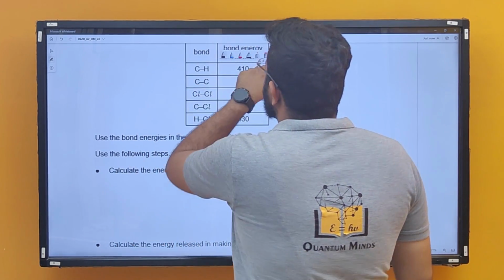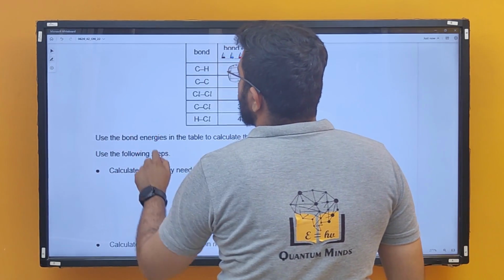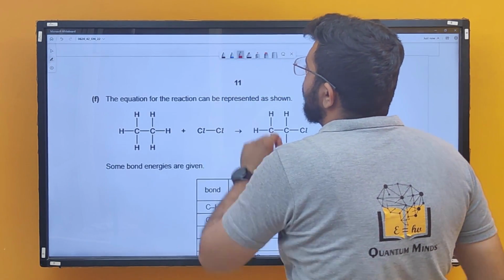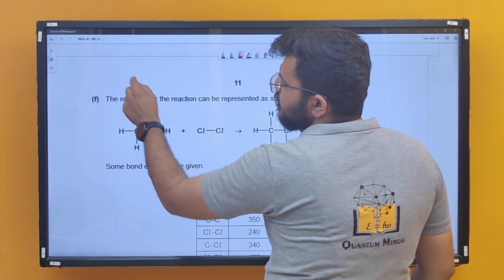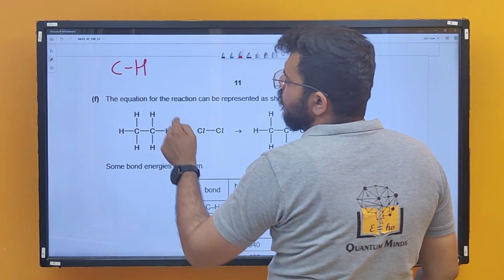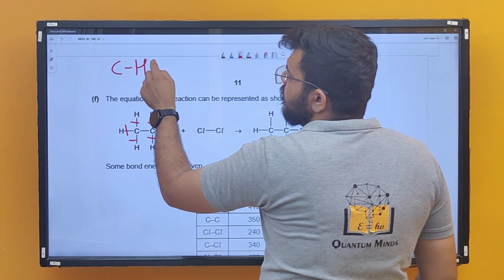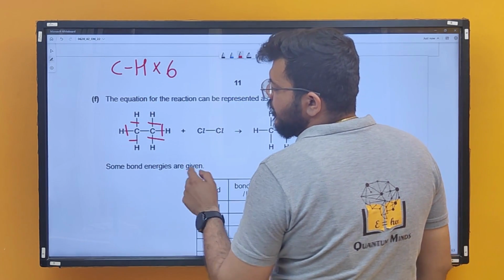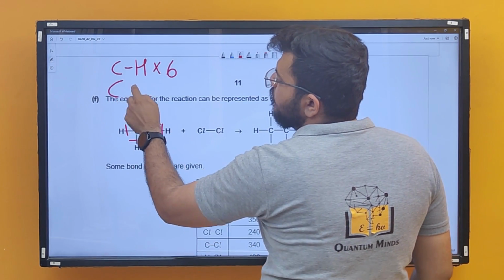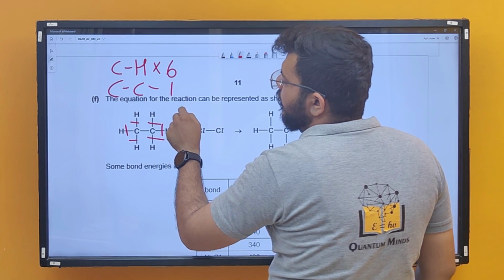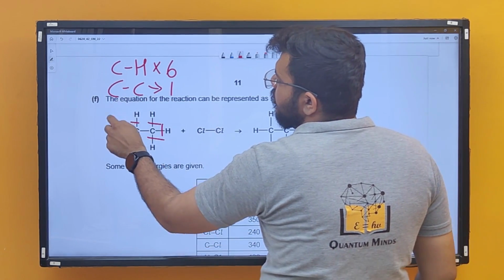So what do we have? Instead of working it out here, let's work it out here. The energy required to break bonds. So I have CH bonds, right? How many CH bonds do I have? 1, 2, 3, 4, 5 and 6. So CH bonds I have 6. Then I have a carbon-carbon bond. How many? 1, right? I have a chlorine-chlorine bond.